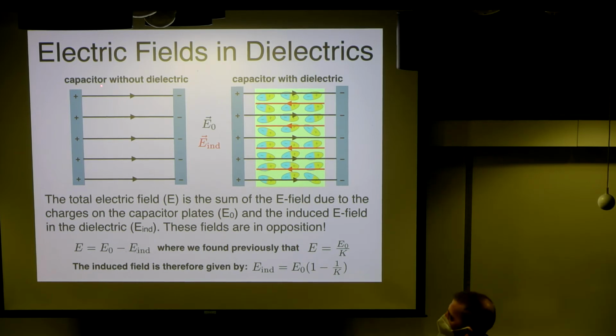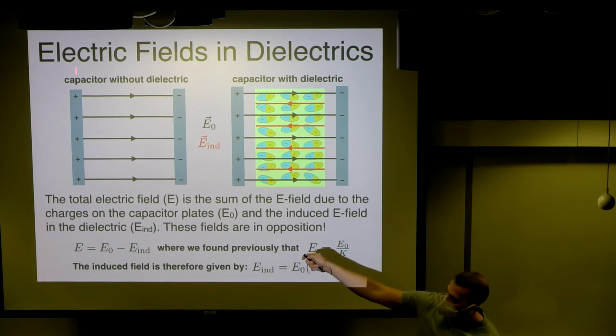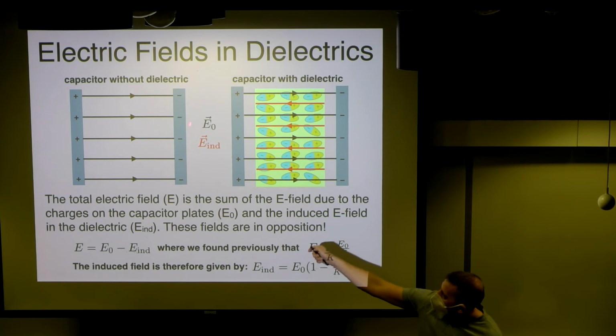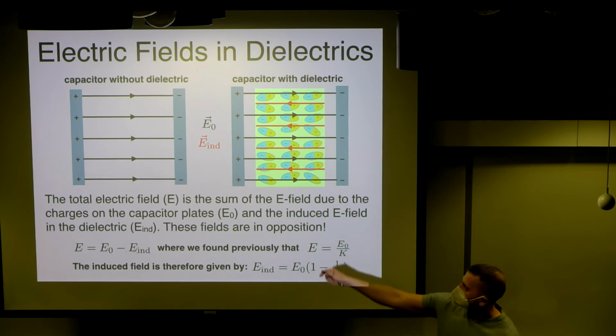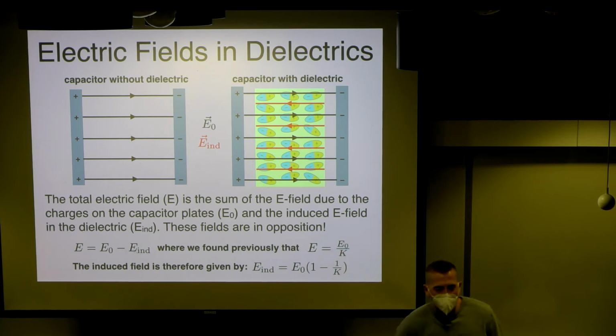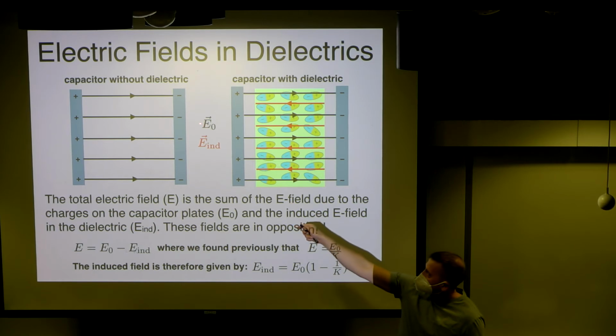All right, so here is a capacitor without any dielectric. So you have a positively charged plate like this, and you have a negatively charged plate like this. And what's happening is your E field is going from the positive plate to the negative plate. So I'm going to show that with black lines. So this is going to be E naught.